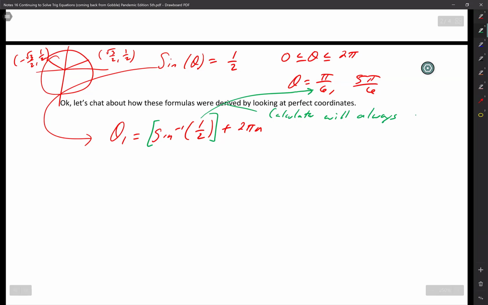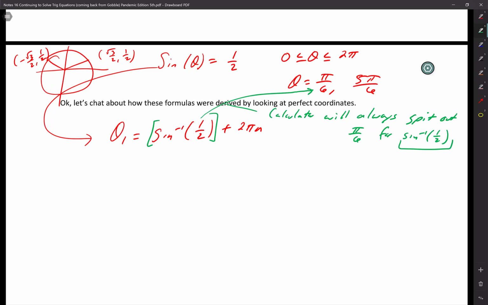But the calculator will always spit out theta equals pi over 6 for arc sine of a half. If you open up Maple and type arc sine of 0.5, it's going to say pi over 6.